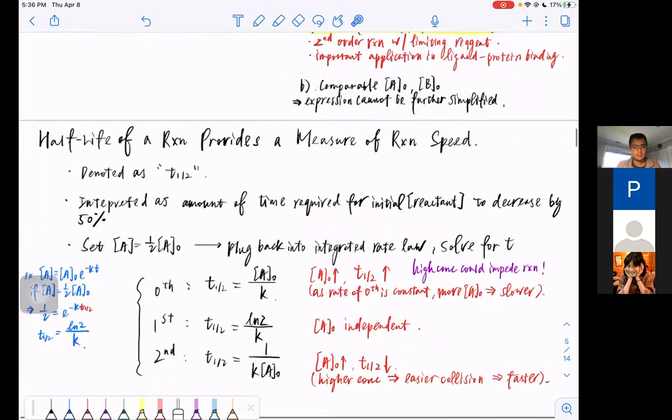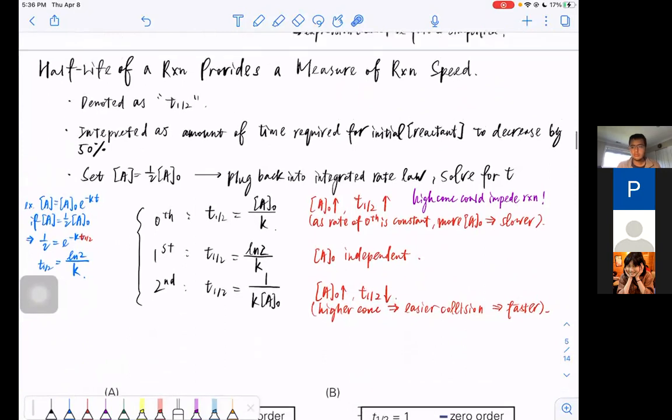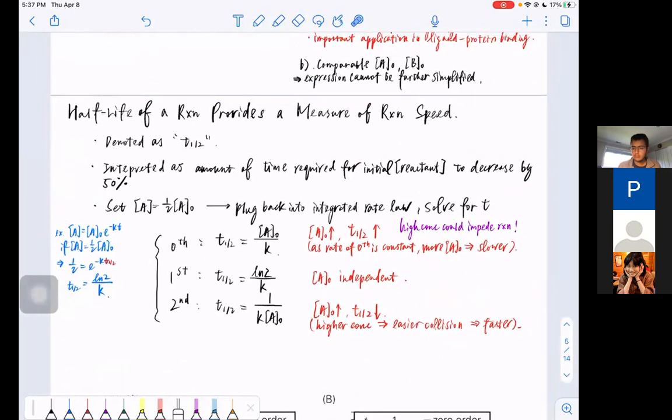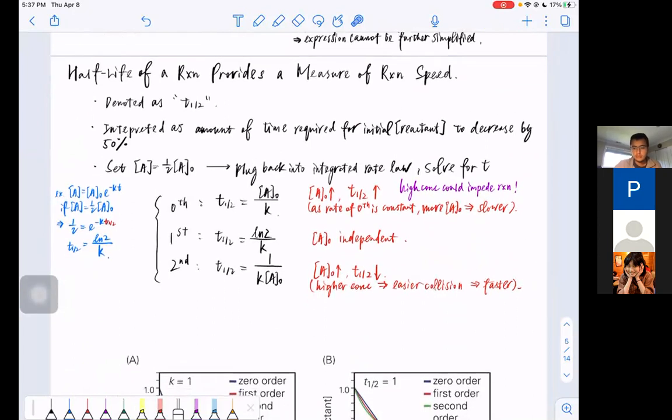Okay, so another basic tool that we want to use is half-life. Half-life is a very useful parameter to show you how fast a reaction proceeds. It is the amount of time required for the initial concentration of reactants to decrease by 50%.